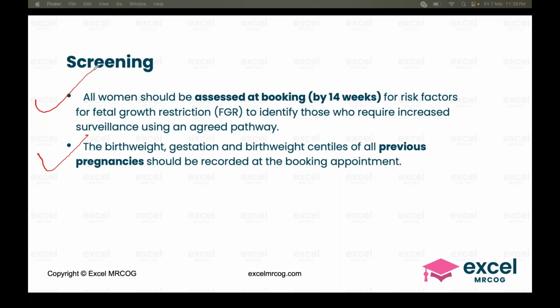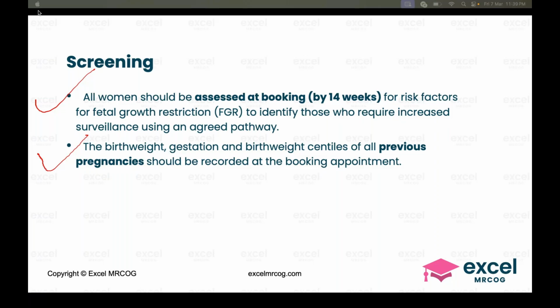What are the problems in the previous pregnancy that you need to identify? Can anybody just summarize quickly? FGR, and small gestational age. Yeah, FGR, you're right.